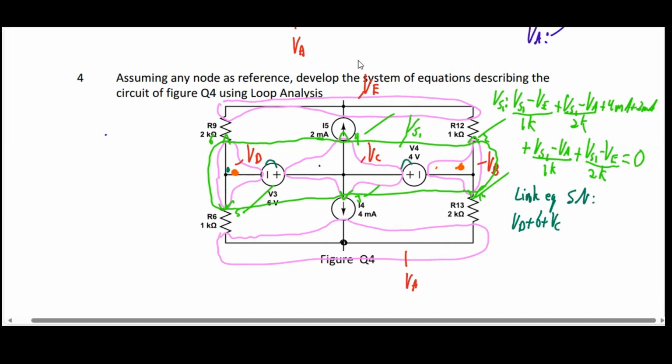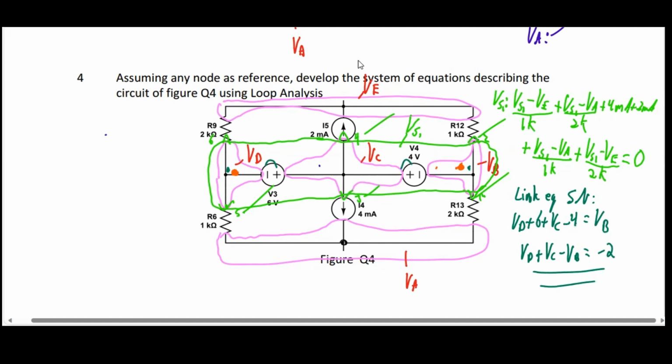Then there's our voltage drop, minus 4, and that is equal to the end node, which is VB. If I write it in a nicer way, it could be VD plus VC minus VB, and 6 minus 4 is 2. Let me calculate again, negative 2. Yeah, and that is it.